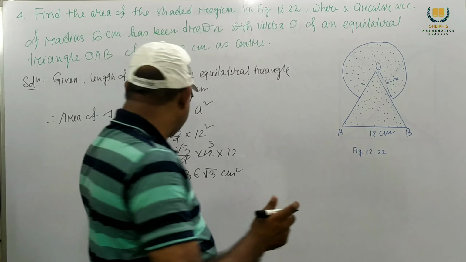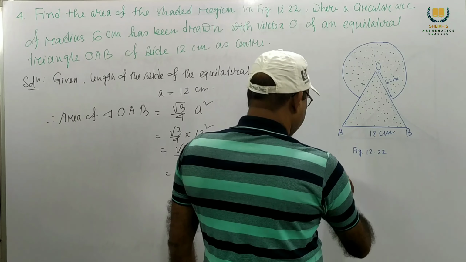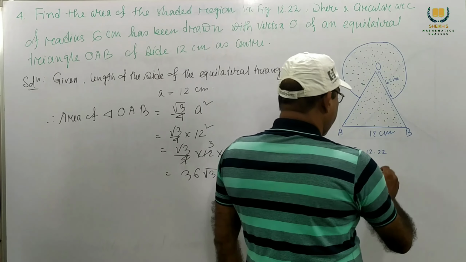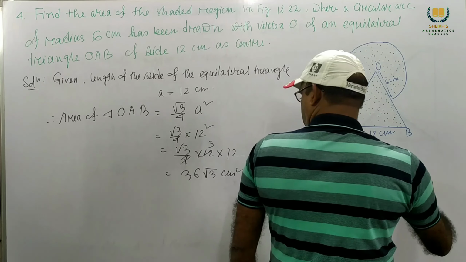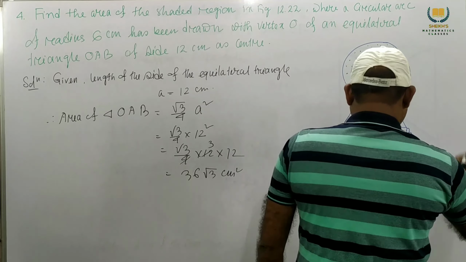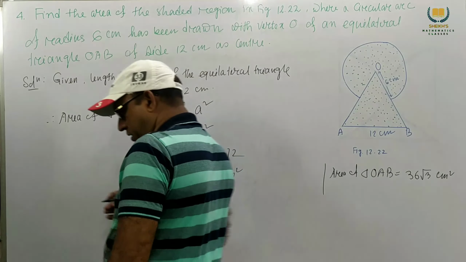I want to write the result here: area of triangle OAB equals 36 root 3 centimeter square. This is the area of the equilateral triangle.